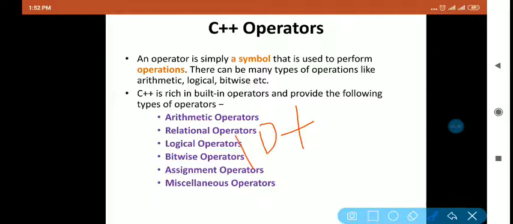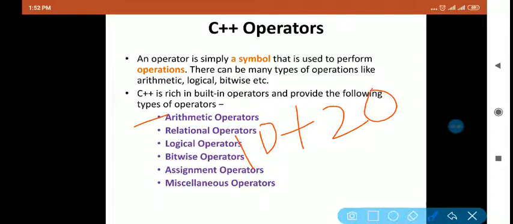Example, suppose numbers 10 and 20. It indicates the addition of two numbers. C++ supports various operators.